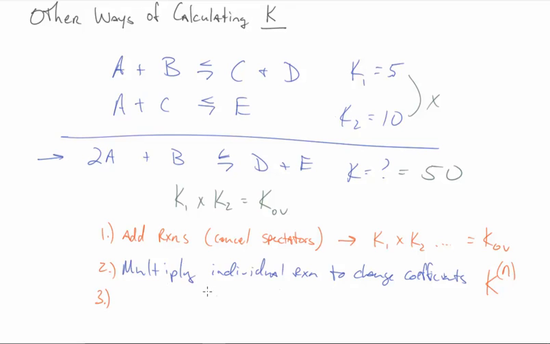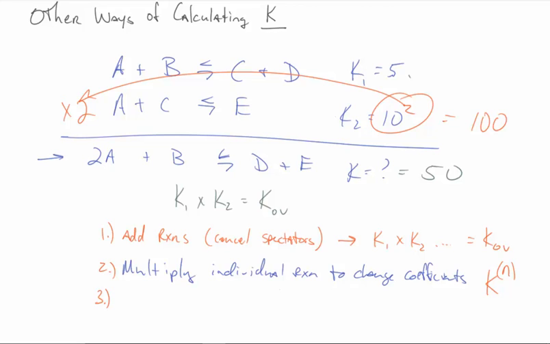For example, if I take the second reaction and multiply it by 2, then I would end up with 10 squared. Notice the multiplier is the same as what I'm raising the K value to. In this case, K would equal 100 if I multiplied that reaction by 2. So very important: when multiplying individual reactions to change coefficients, you just raise K to that multiplier. It's an exponent.